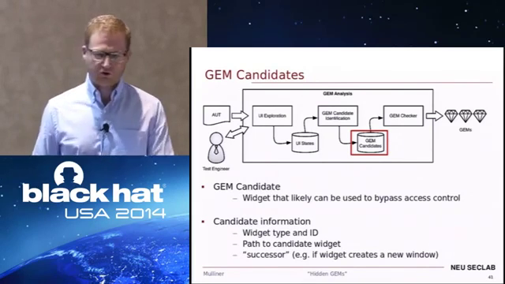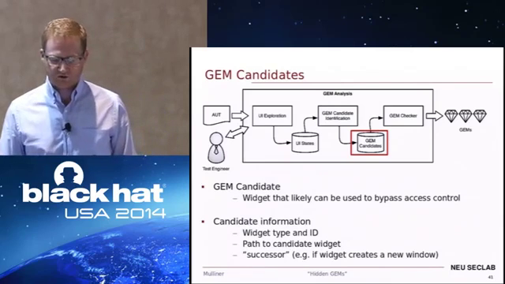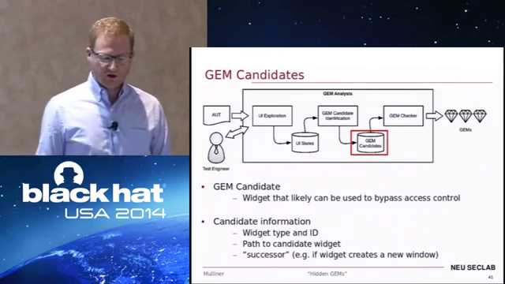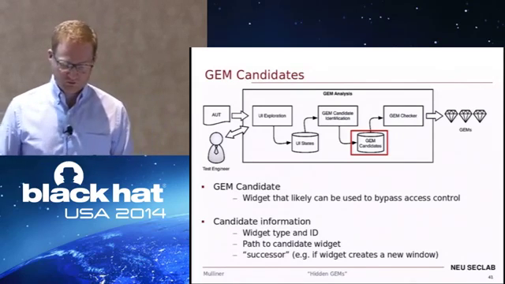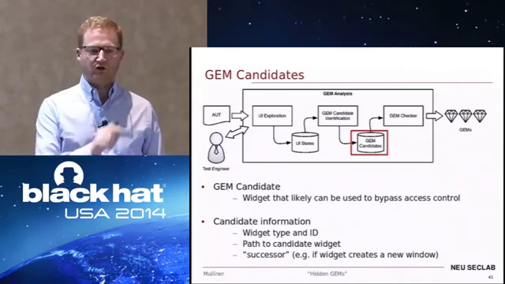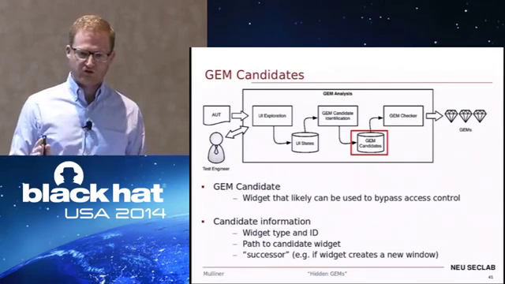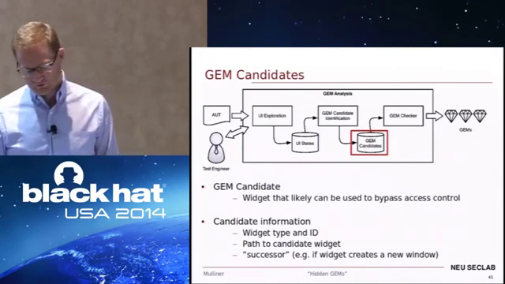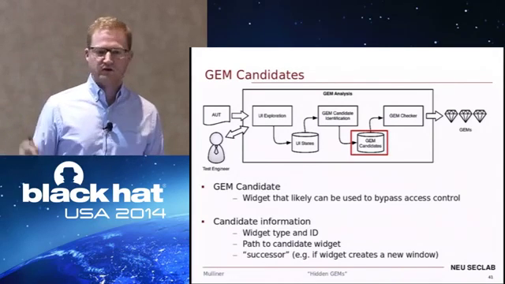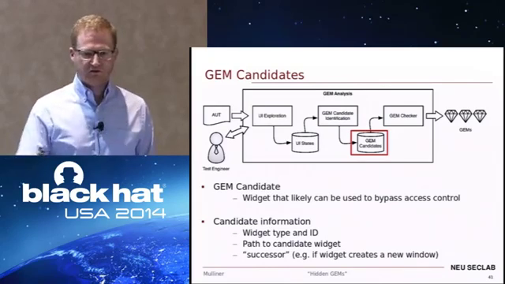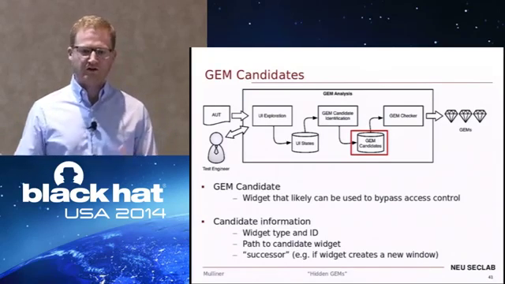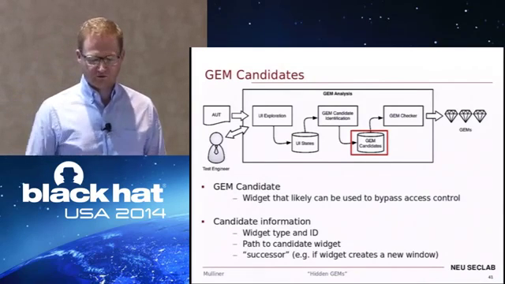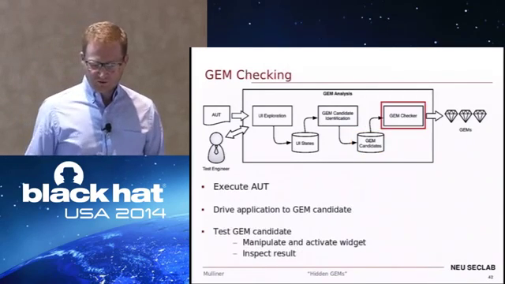They go into this collection, a list of widgets, and each candidate has a widget ID and type, for example a button, number something. You have a path, so you know how to get from application start to the screen that contains that widget. And depending on the widget type, you may have a successor: if I press this button, a new screen with the title "hello" appears. Stuff like that we record.